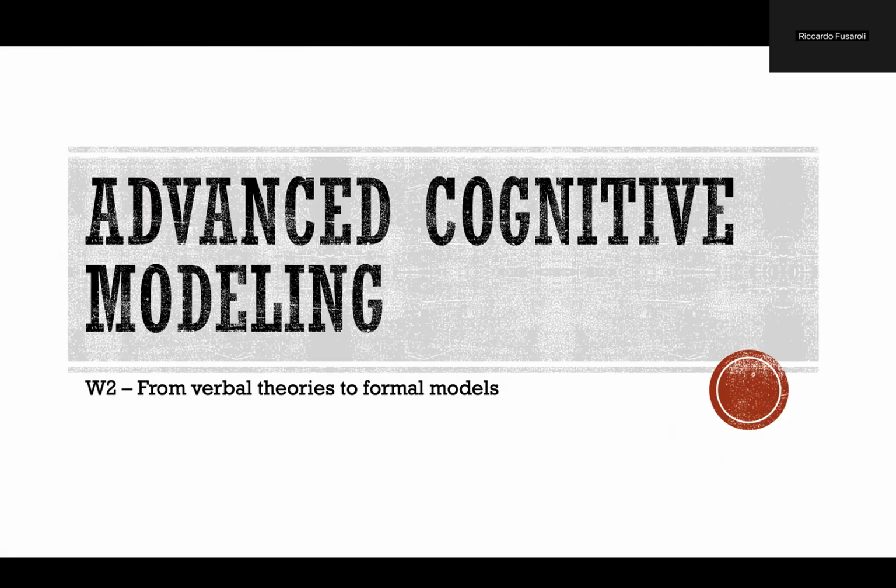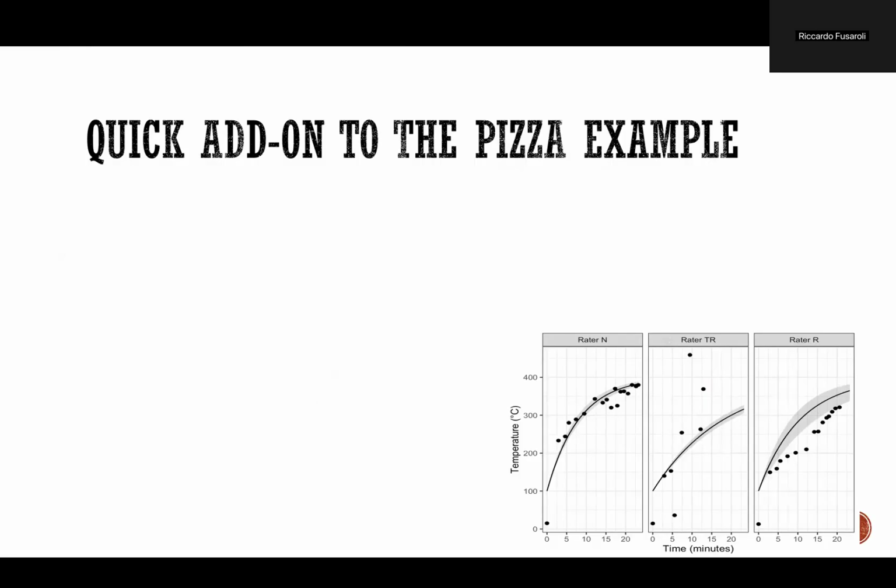Before we start on exactly what we're going to talk about today, I just had an addendum on the pizza example because I realized I didn't bring an important point home. If you remember, we had predictions from the model for the 3 different raters.